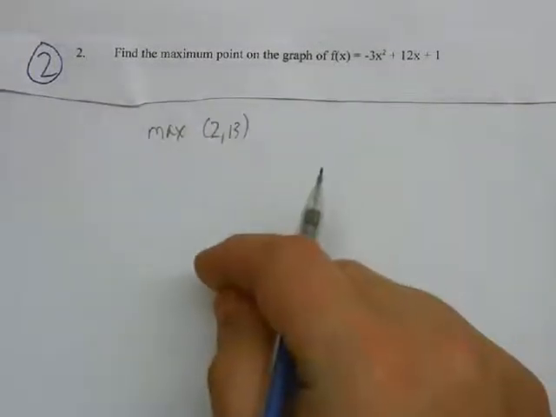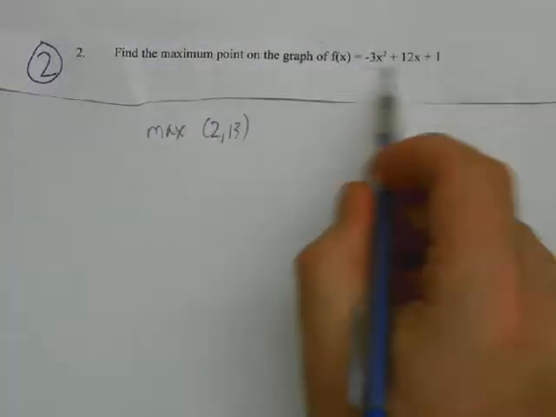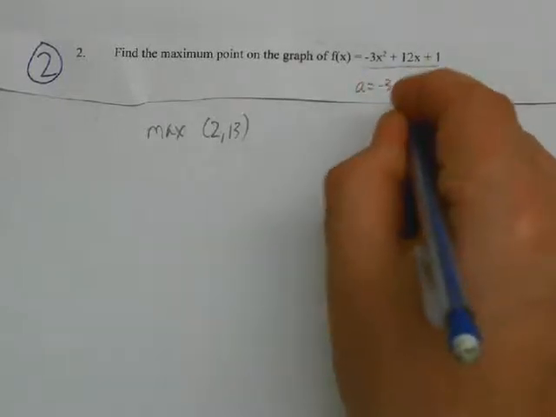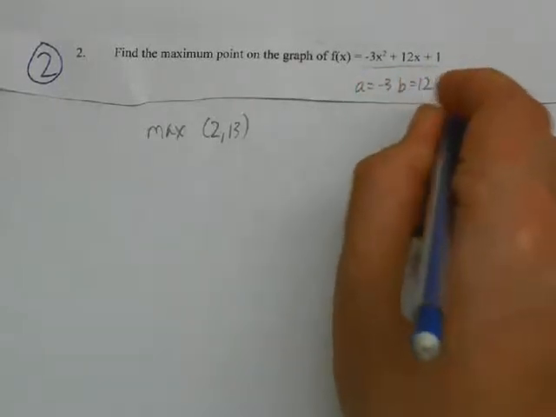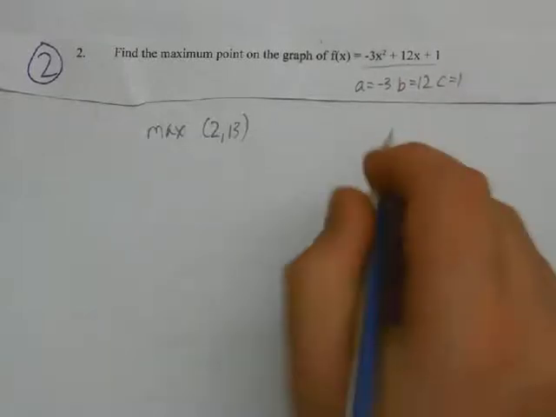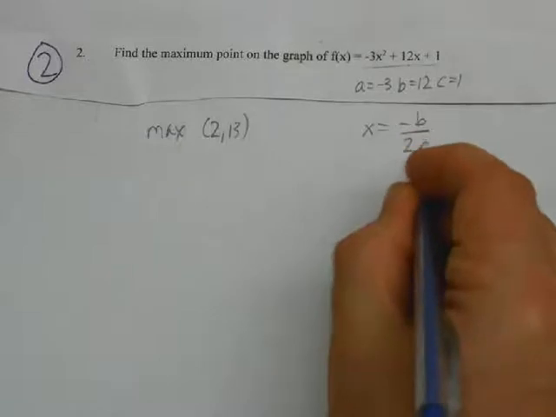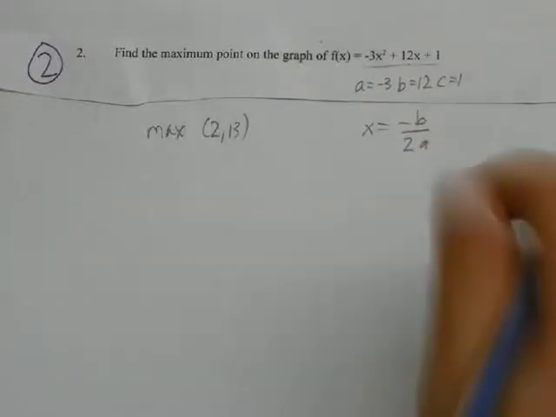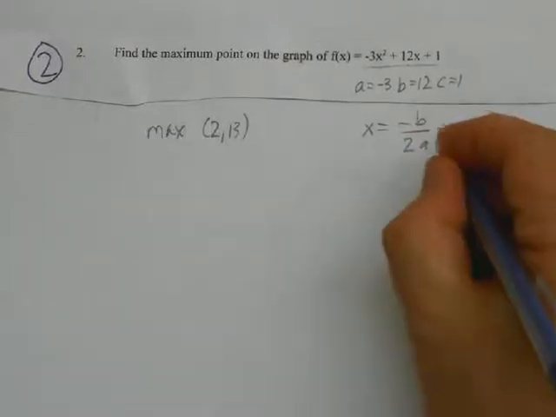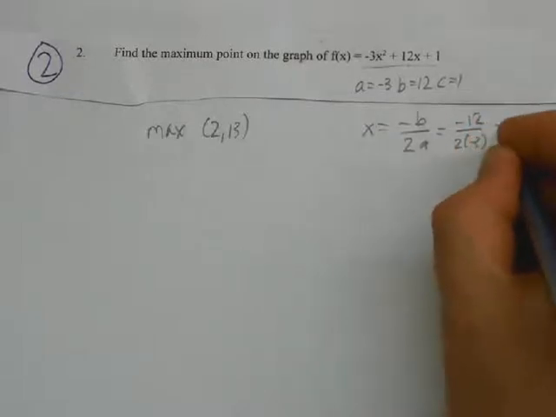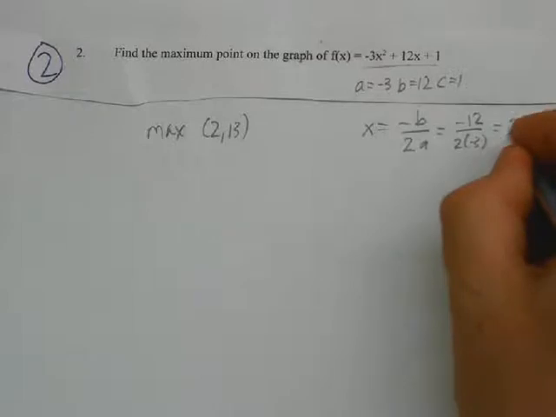Now, alternatively, we could have recognized that this is a parabola where a is negative 3, b is 12, and c is 1. Well, we know the vertex occurs at negative b over 2a. So negative 12 over 2 times negative 3, and we get 2.